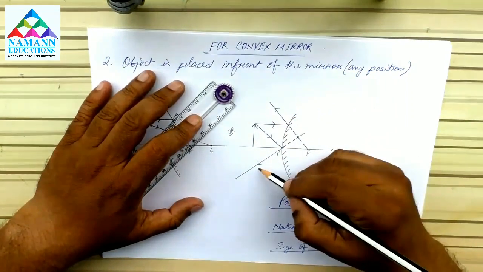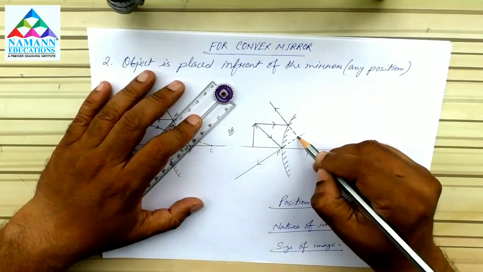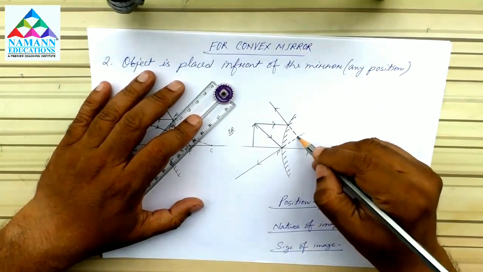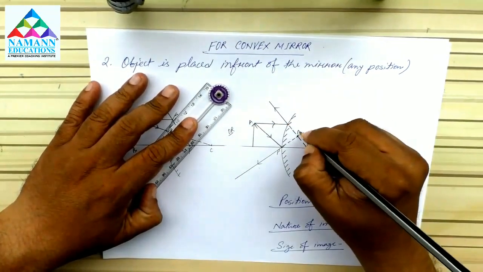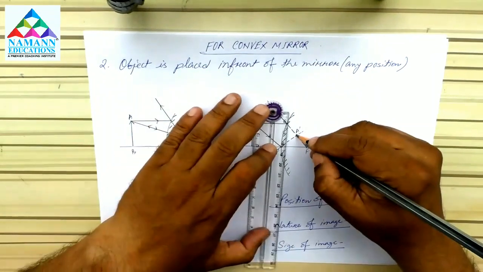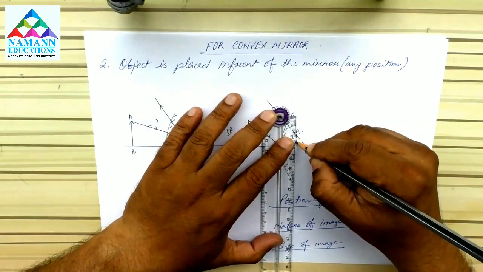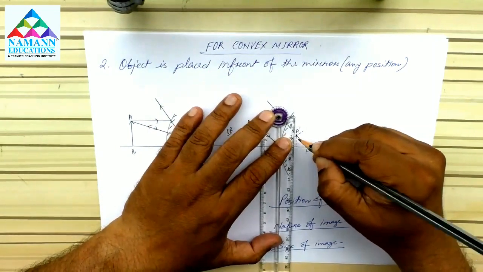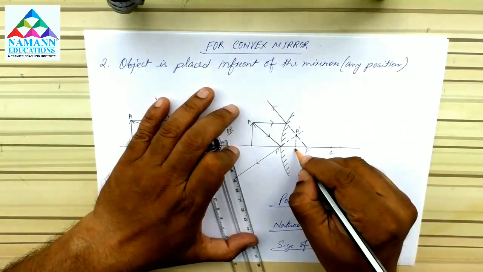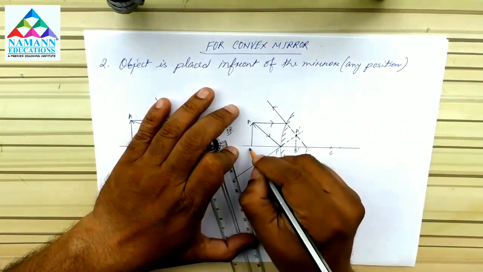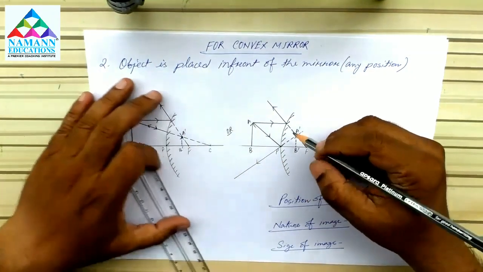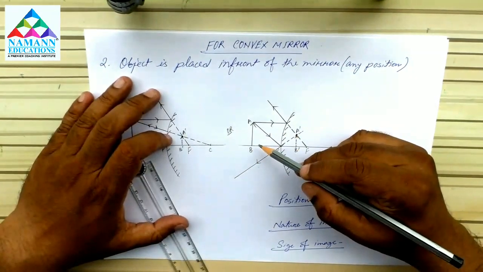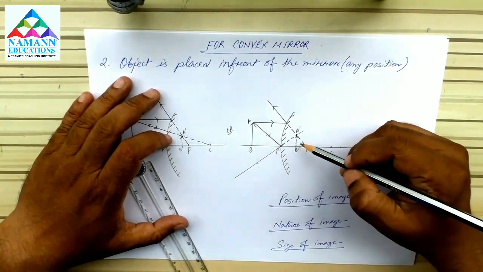So this is the image of this particular point A. Let this be A dash. So we can draw image from here. This is B dash if we mark this as B. So if object is placed in front of the mirror, image is formed behind the mirror. The size of the image is smaller compared to the size of object.